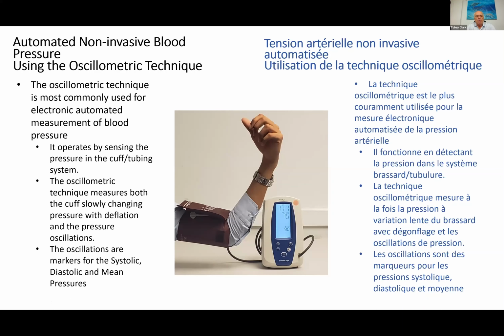When the oscillations are at a maximum, that typically is your mean blood pressure. And the diastolic pressure, depending upon the manufacturer, is related again to that oscillating pressure which is in the system, which is a fast-moving oscillation.